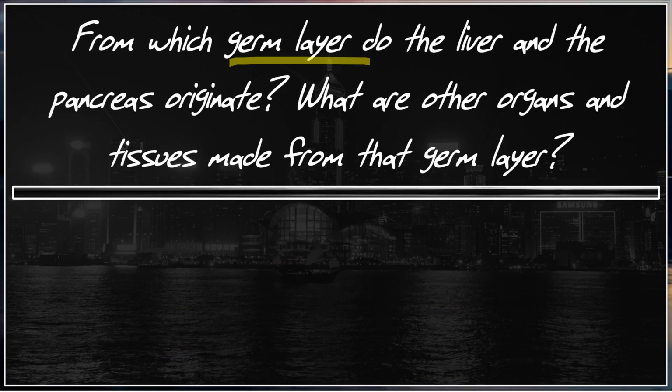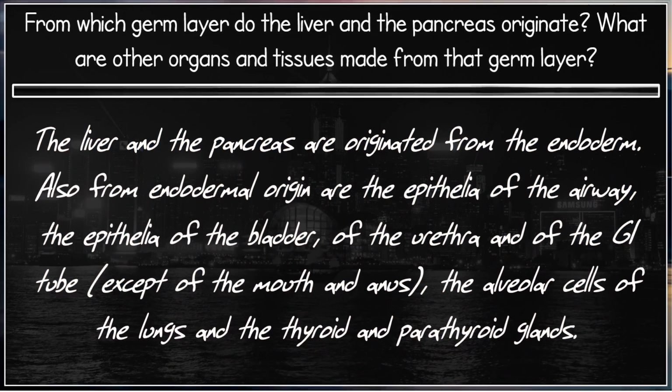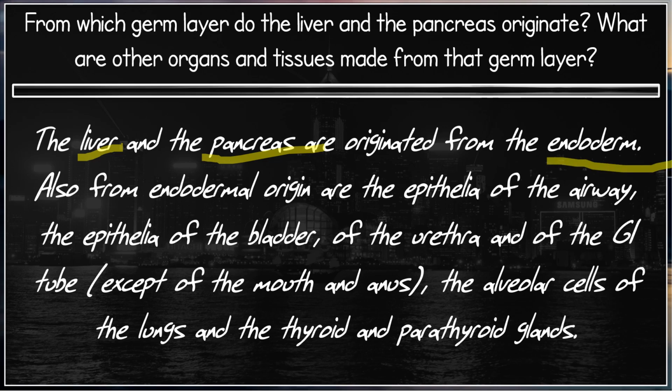From which germ layer do the liver and the pancreas originate? What other organs and tissues are made from that germ layer? The liver and the pancreas originate from the endoderm.